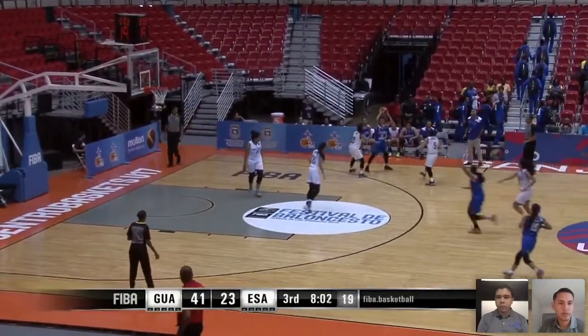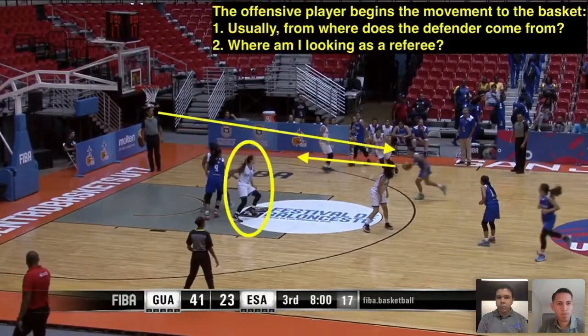So the question here is why we didn't have any call. When the offensive player begins to move into the basket, usually where does the defender come from and where am I looking as a referee? And this is what I was saying before.